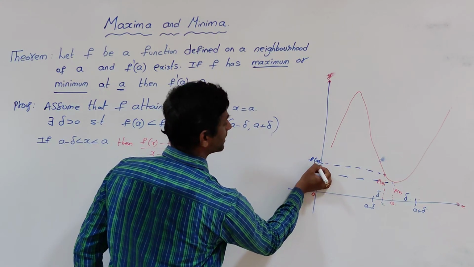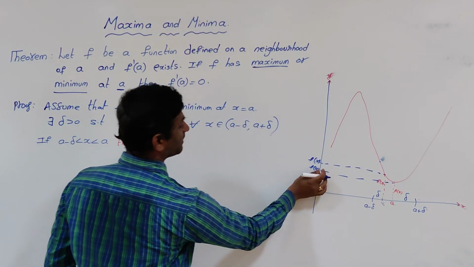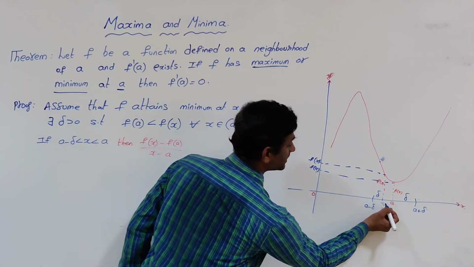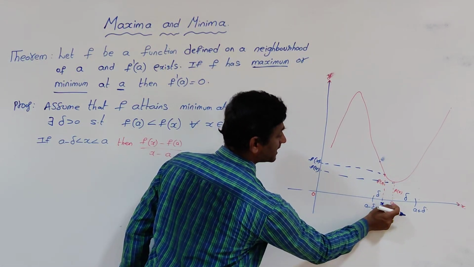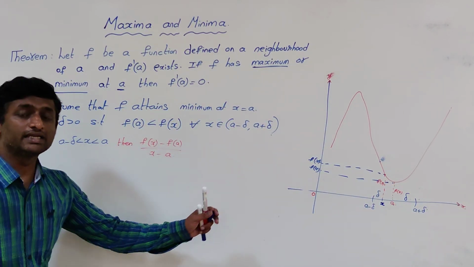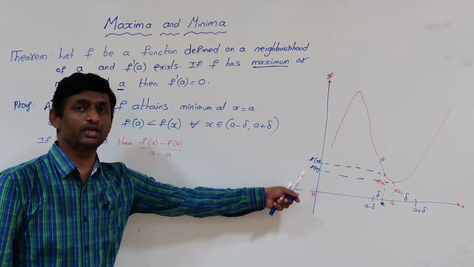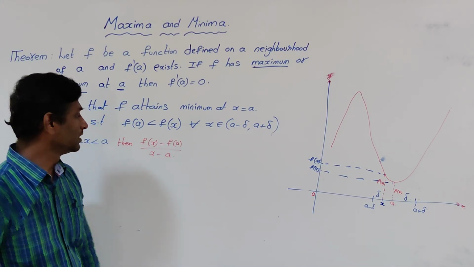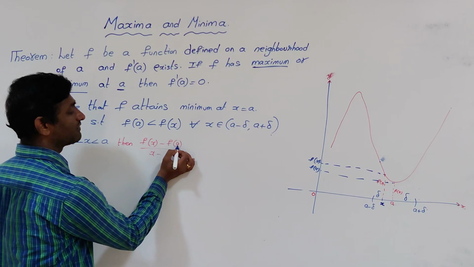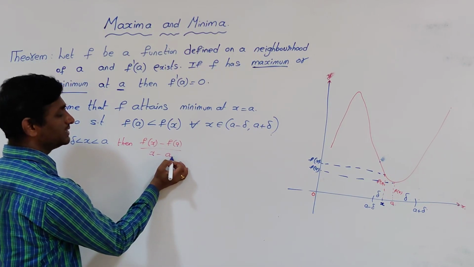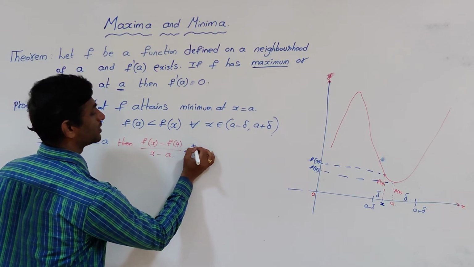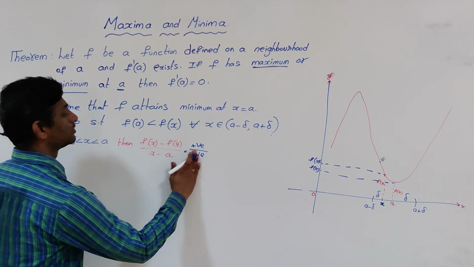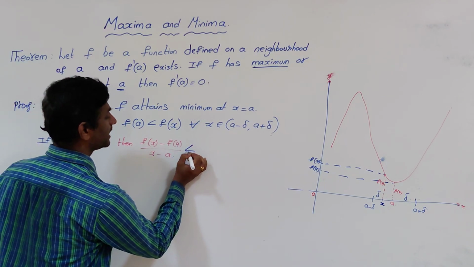The difference f of x minus f of A will be positive. And as x is a point on the left side of A, the difference x minus A will be negative. So f of x minus f of A is positive and x minus A is negative, means positive by negative, so the total ratio will be less than 0.